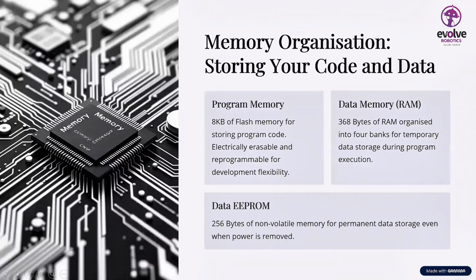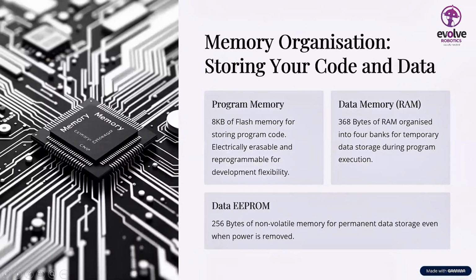As we all know, there are two memories for program and data. The program memory is flash memory, which is 8 kilobytes in size. It is electrically erasable and reprogrammable. And the data memory is RAM, which is of the size 368 bytes.